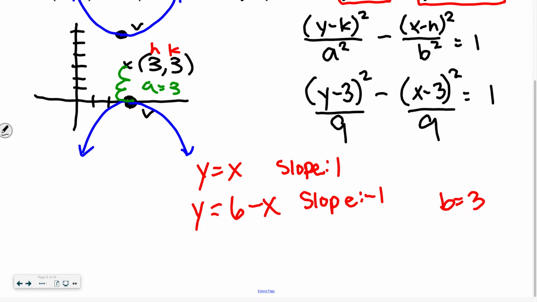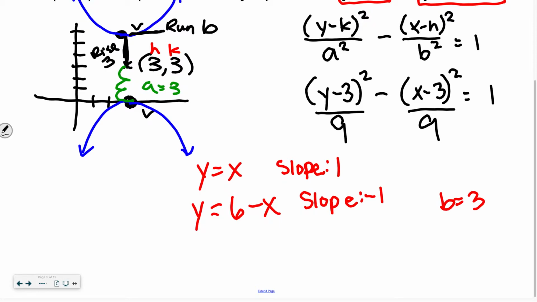And I just think about it from my center along that rectangle, like what's my rise over run? Well, in this picture, I would be rising 3, because that's a. I went up 3. And then my run I don't actually know. I'm going to run b to get to my asymptote.